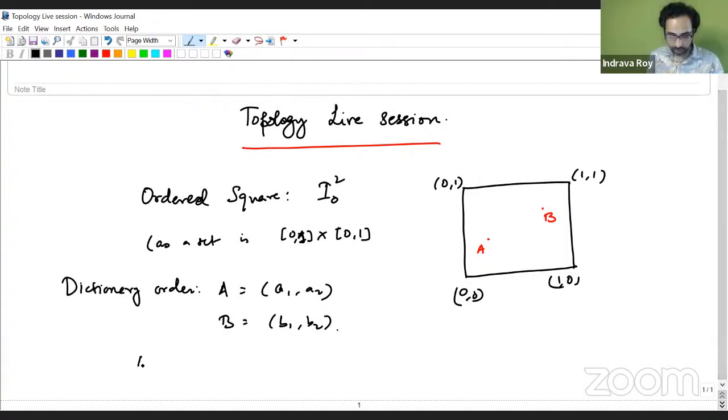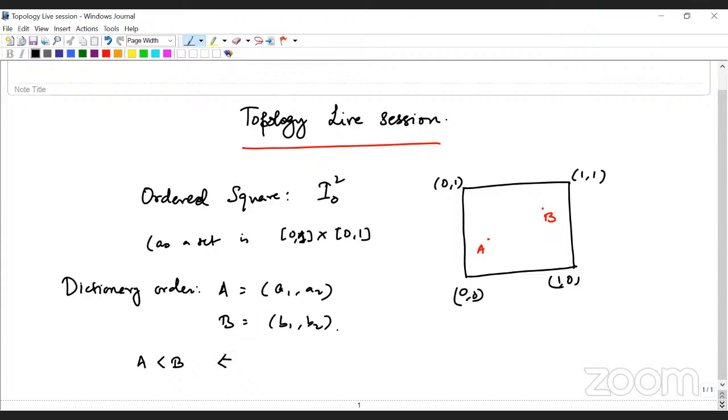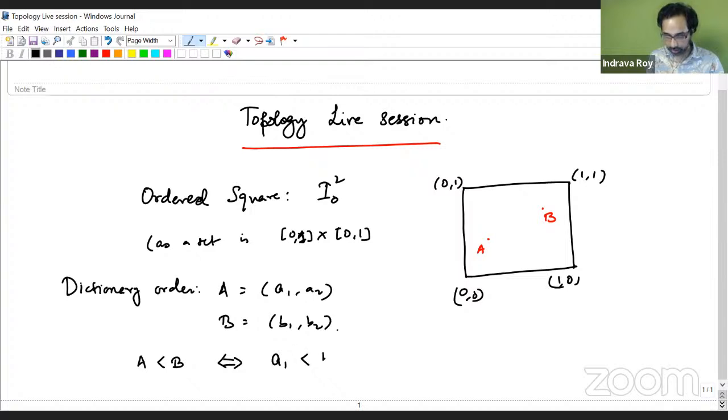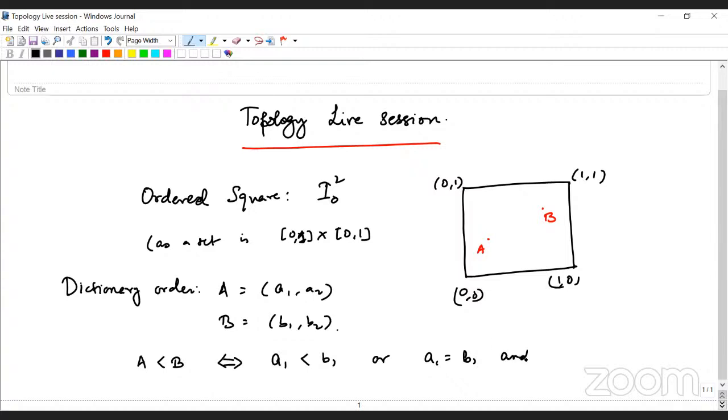The usual dictionary order is defined as follows. We write A is less than B if and only if A1 is less than B1, so the first coordinate, the x coordinate, is strictly less than B1, or A1 equals B1 and then A2 is less than B2.